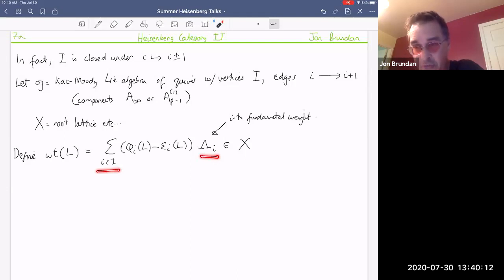And the coefficient of the ith fundamental weight comes from these phis and epsilons: phi_i of L minus epsilon_i of L. Remember, phi was the multiplicity of i as a root of n(x), and epsilon was the multiplicity of i as a root of the minimal polynomial m(x). And then this difference is the coefficient of lambda_i.